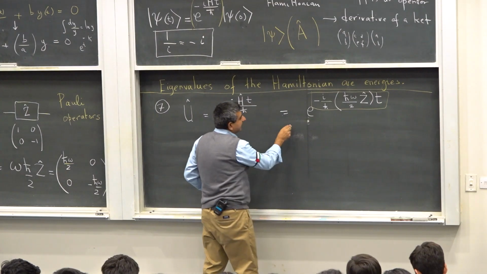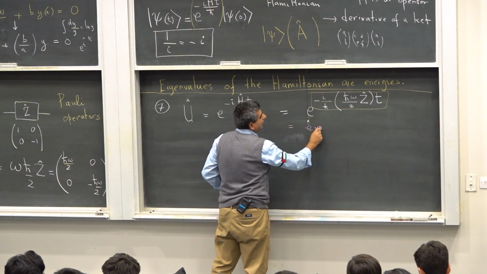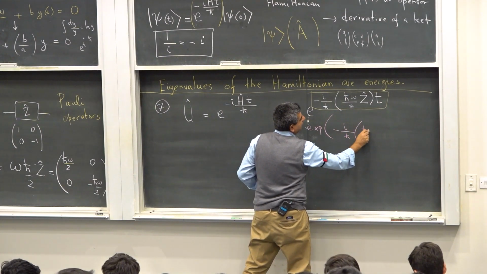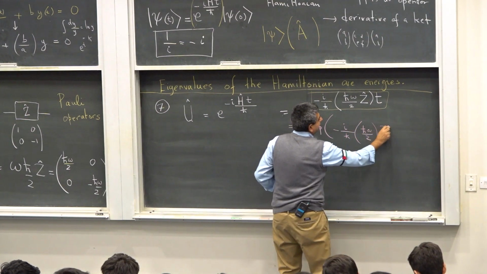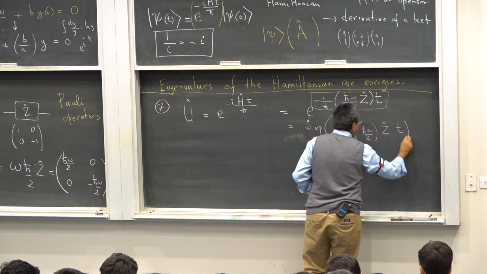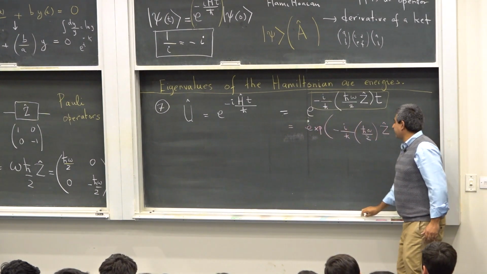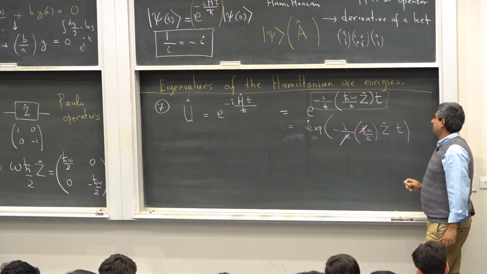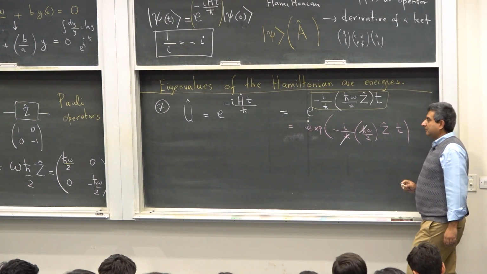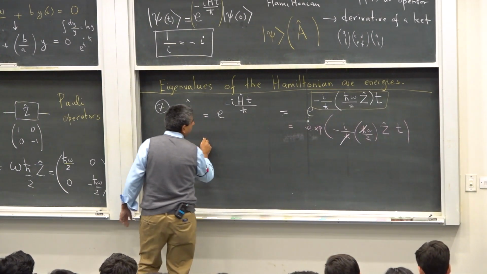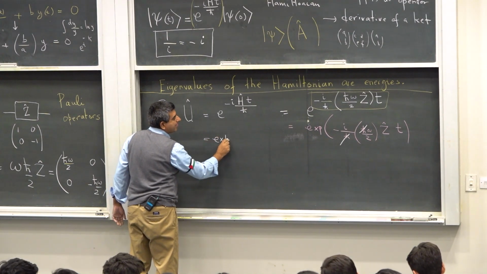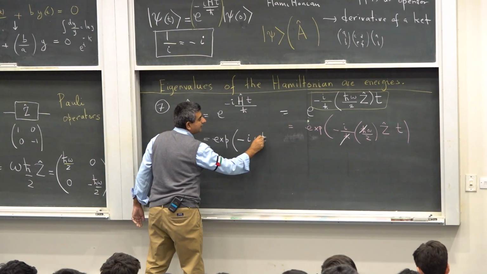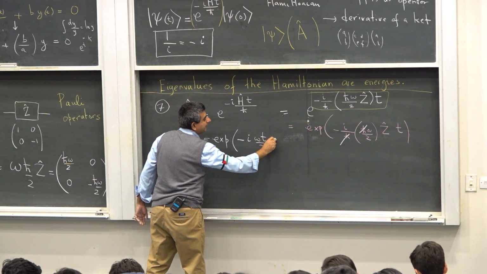Some books would write this as the exponent of minus i h bar omega over 2 sigma z t. By the way, this h bar goes away, and this becomes the exponent of minus i omega t over 2 sigma z.